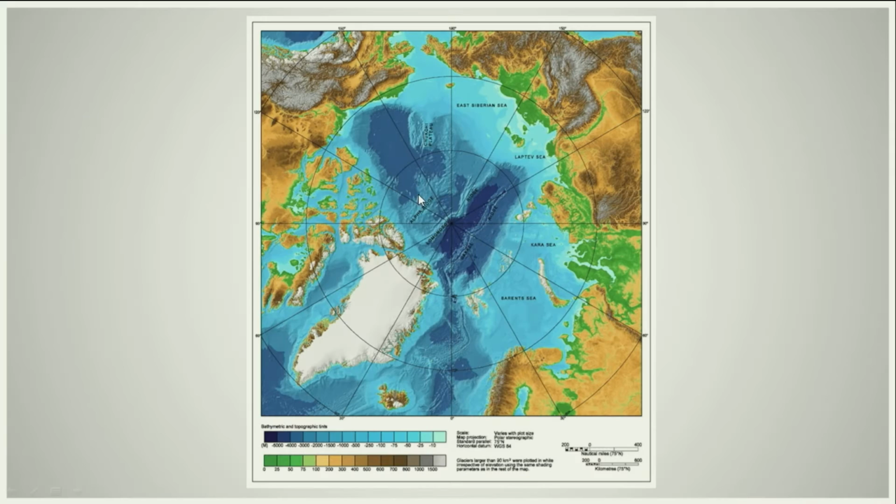And this is something that worries us a lot, because if we look at the Arctic Ocean, here's a bathymetric map of the Arctic Ocean. It shows that the center of the Arctic Ocean, because it's an ocean, is very deep, 4,000 meters, that's the dark blue. But the Arctic Ocean has very wide continental shelves around the edges, that's the light blue.